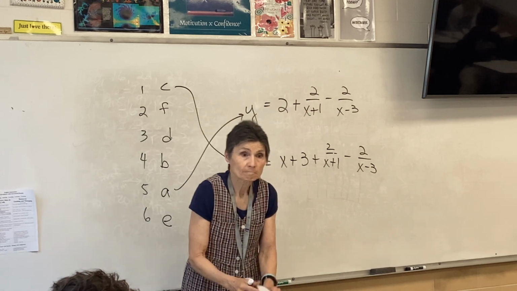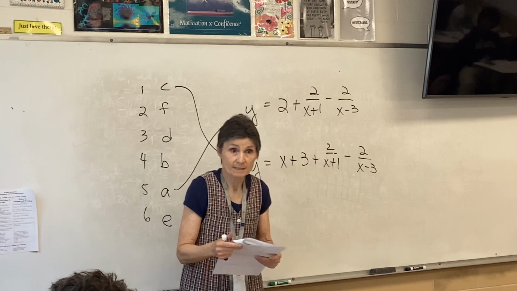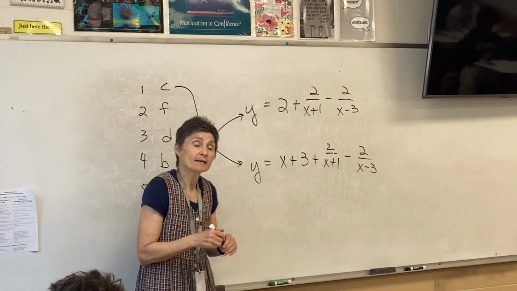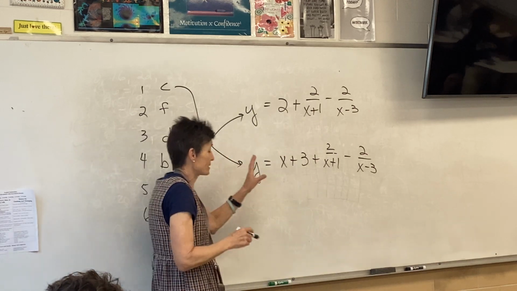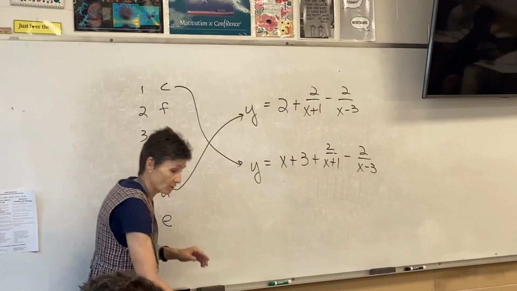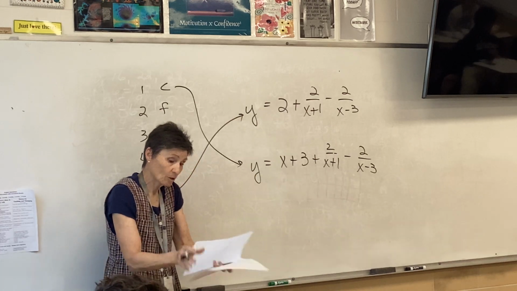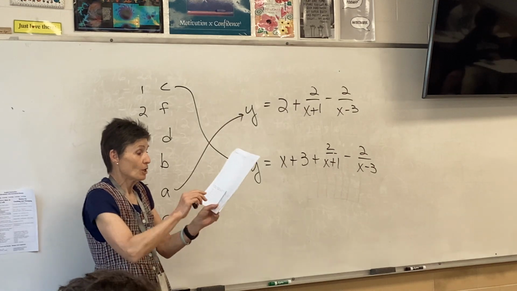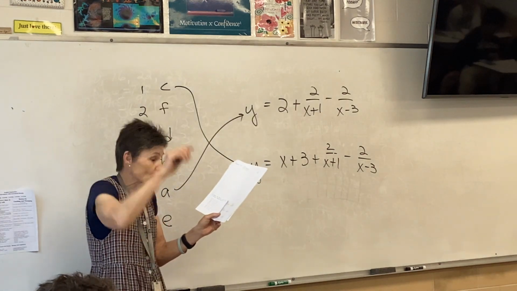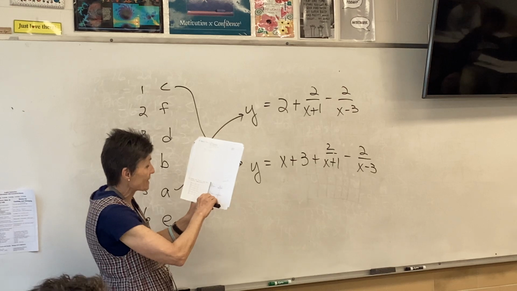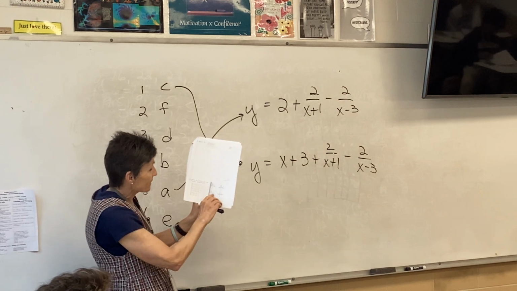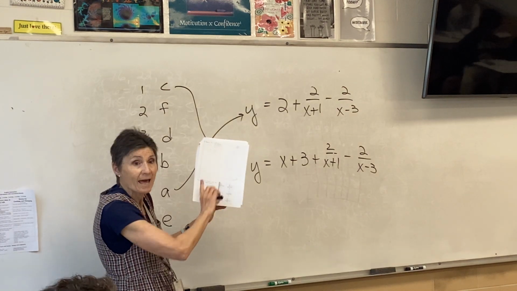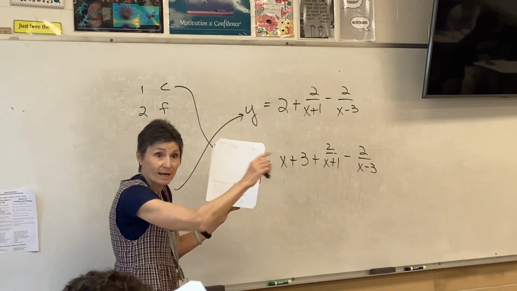That's the slant asymptote. Now remember, there's a lot going on in graph C. But as graph C goes off the page, if you think about what the line x plus 3 looks like, can you see the curve approaching that as it heads off the page to the right?